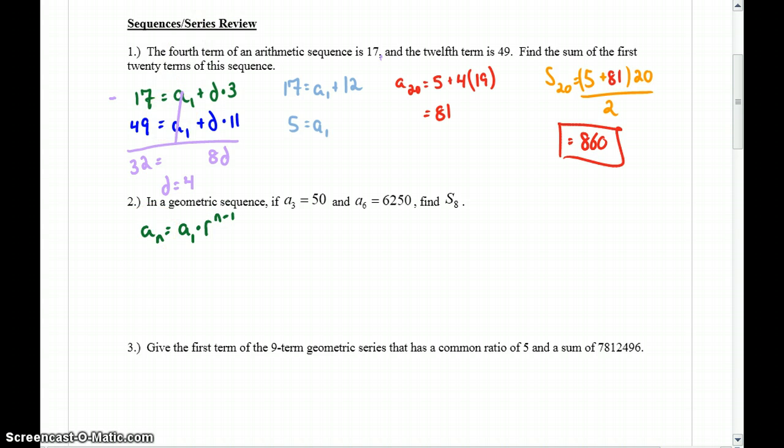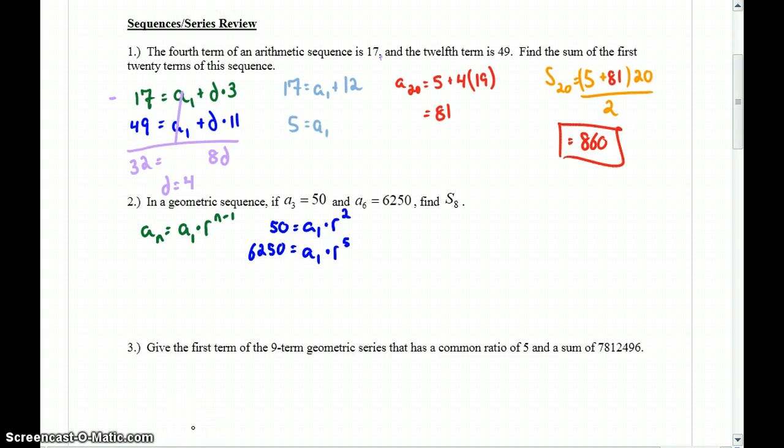So, for example, the third term being 50, well, that's the first term times the common ratio to the 3 minus 1 power, which is squared. The sixth term, being 6,250, is the first term times the common ratio to the 5th power. N minus 1 is 5 here.